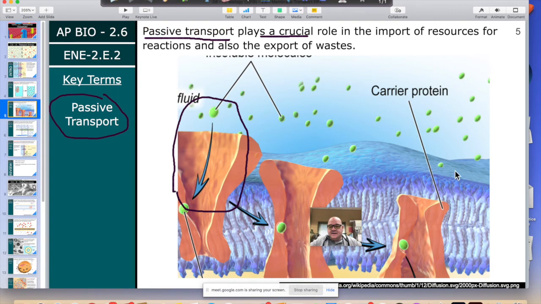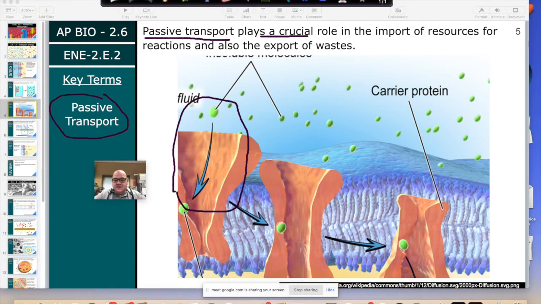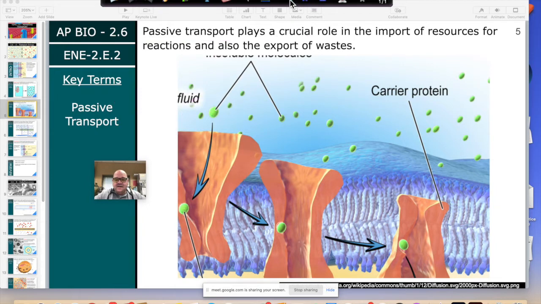On a cellular level, this is happening usually through carrier proteins. In our last lecture, we looked at some substances that could pass through cell membranes, and those were small non-polar molecules.